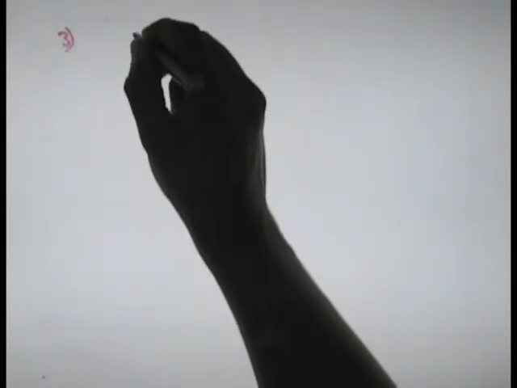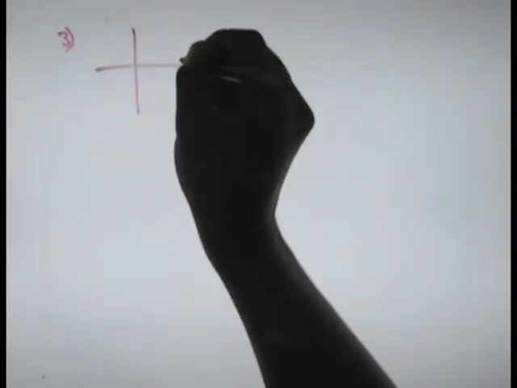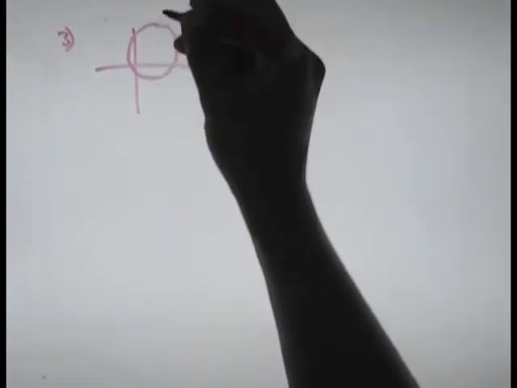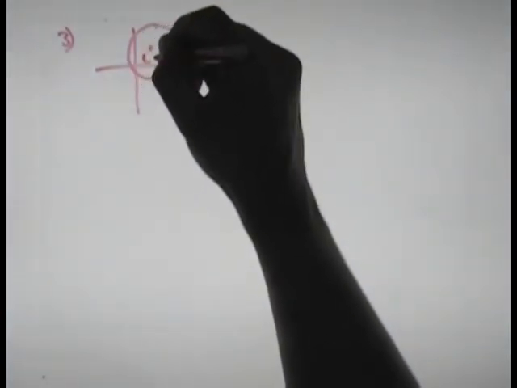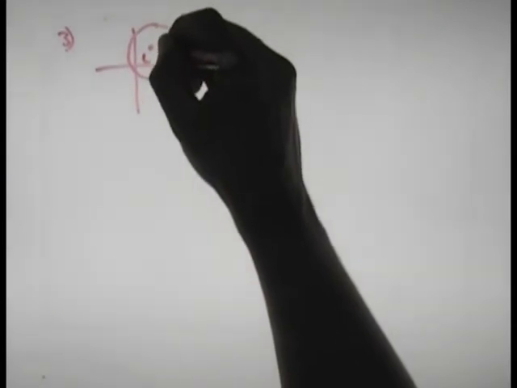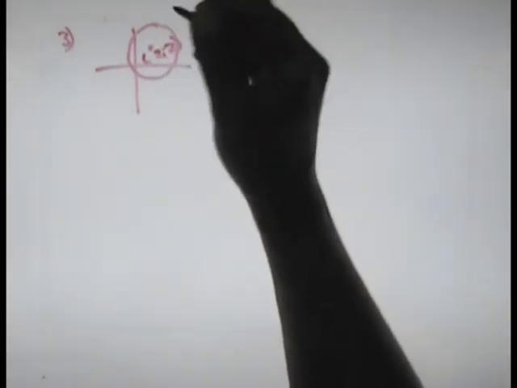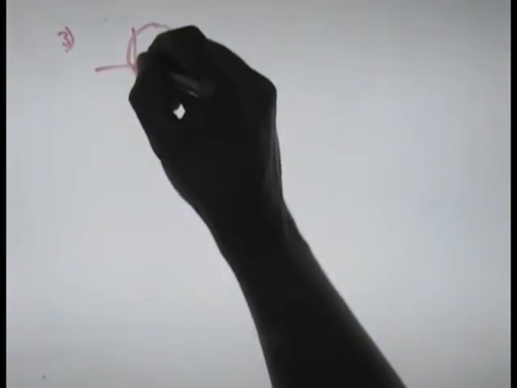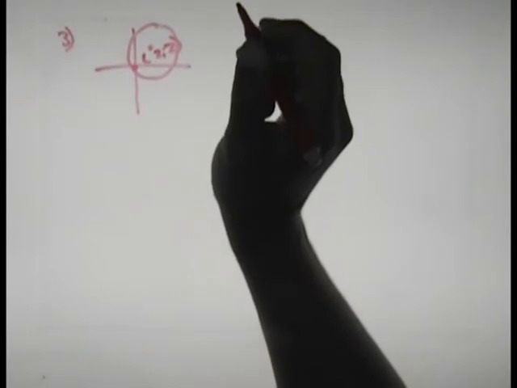Number 3. We had a circle drawn over here with the center of the circle being 2 and 2. We also had the circle passing through the origin.